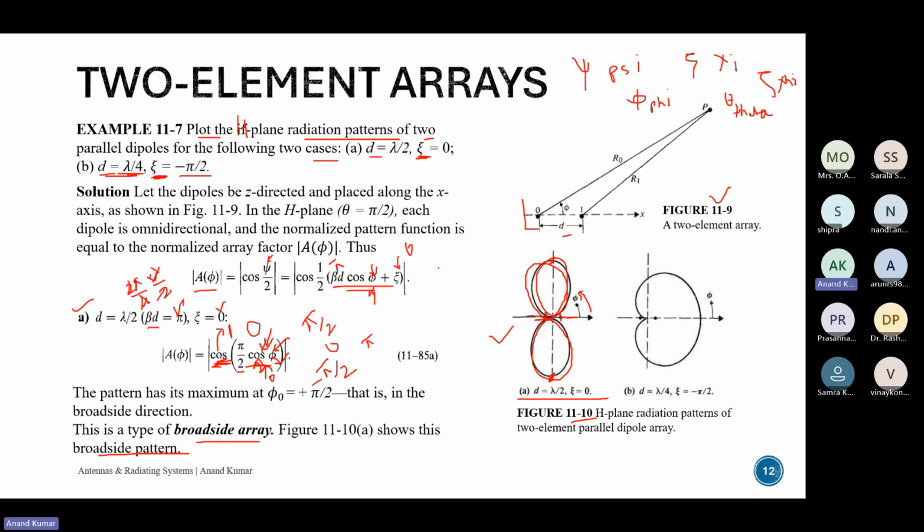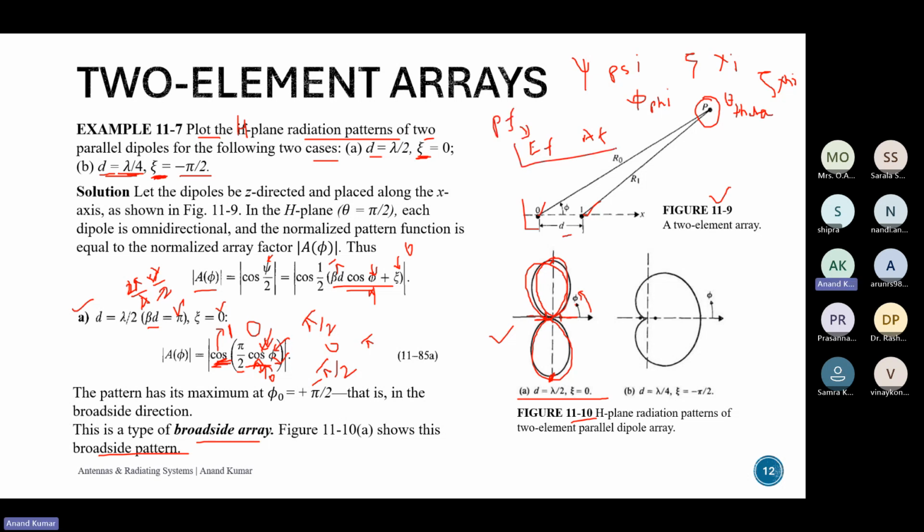Yes, sir. So I think this is pretty much straightforward, right? If you face any trouble, we can discuss this again. Essentially, what we have done is calculate the electric field at this particular point based on the effects of these two elements. And once we got the electric field, we just took the magnitude and formed the element factor and array factor, and the element factor was previously the pattern function.